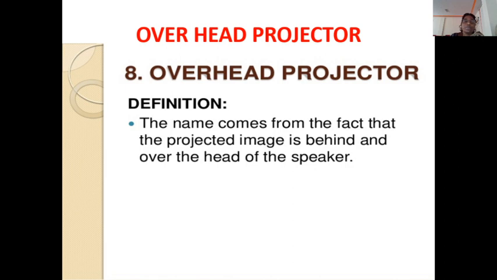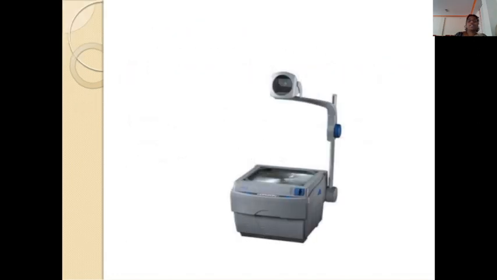The definition of OHP: the name comes from the fact that the projected image is behind and over the head of the speaker. This is the overhead projector. Here we keep the transparency in our class, and we project it on the screen.